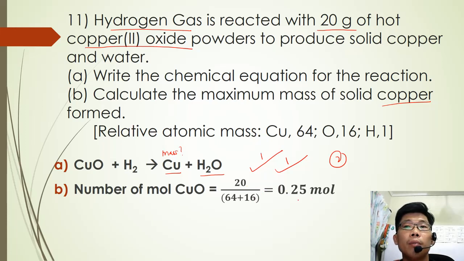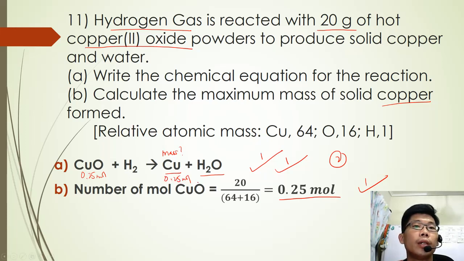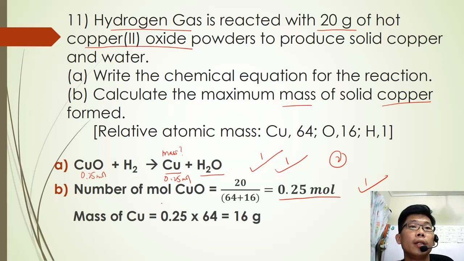So we get 0.25 mole, 1 mark. Next, we need to do the comparison. Copper(II) oxide is 1 mole and copper is also 1 mole. So if this is 0.25 mole, copper is also 0.25 mole, the ratio being the same. Then the mass of the copper is 0.25 mole times the molar mass of copper, 64, so we get 16 grams. Another mark for it. So this one also is 2 marks.